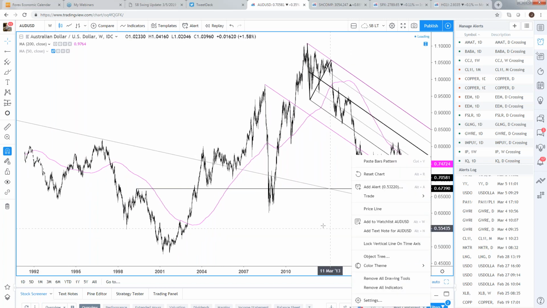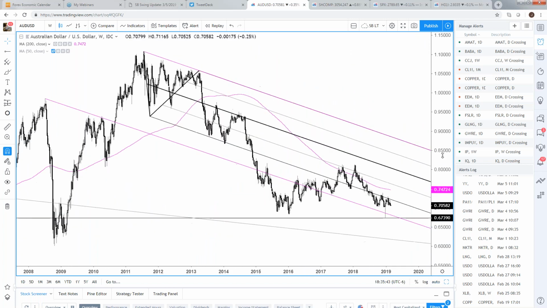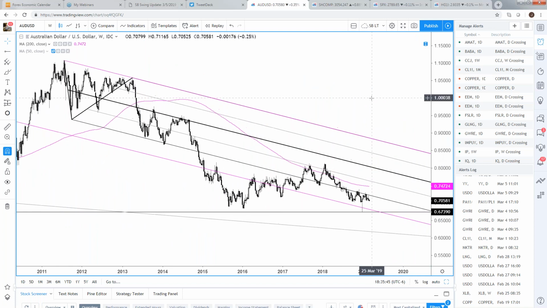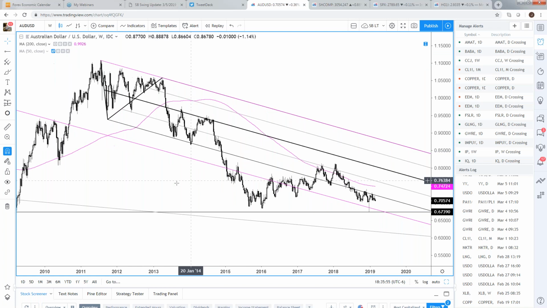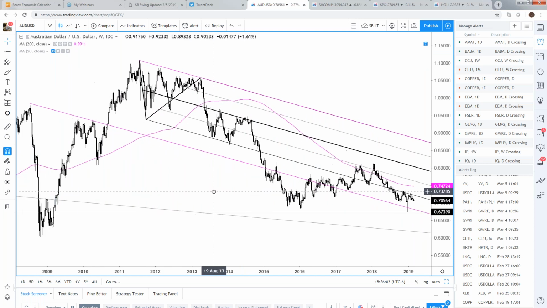All right, so here's a weekly of the Australian dollar. Just like I talked about with DXY, looking at the original slope here is pretty clear. You're looking at the highs from 2011 and 2013, and that's the trend line. That's defined a lot of where the pivots have come from, or a lot of good places to put on a trade.